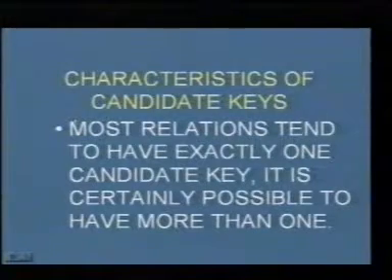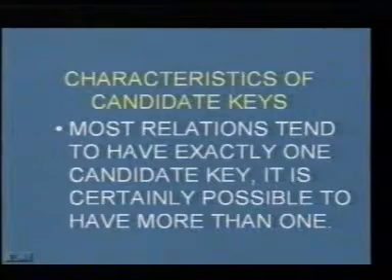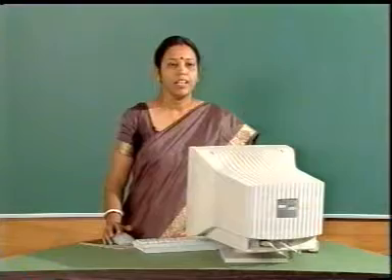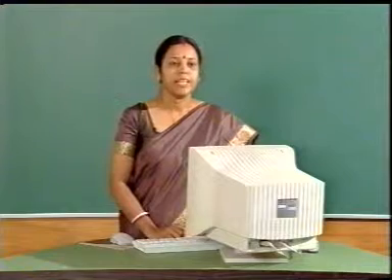The characteristics of candidate keys are: most relations tend to have exactly one candidate key. It is certainly possible to have more than one. That means generally in a relation we have one candidate key, but it may happen that you can get more than one candidate key also.